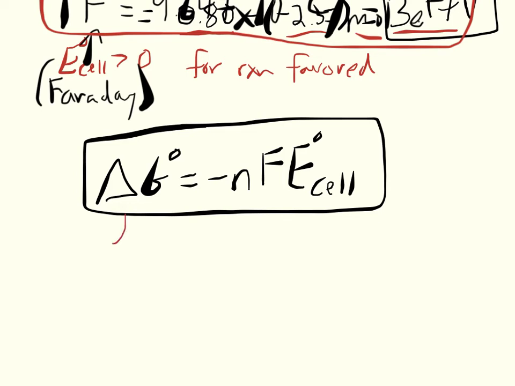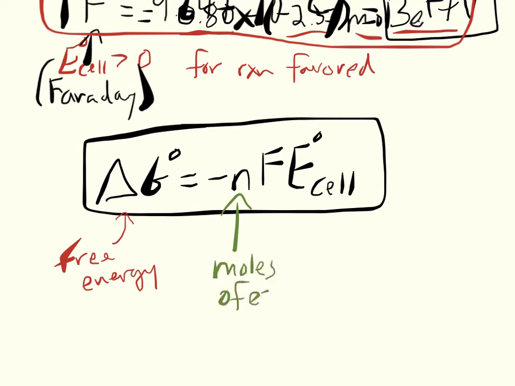The values, again: delta G, this is our free energy, the energy available to do work, which we can get from a table or calculate thermodynamically. n represents the moles of electrons, how many electrons are getting transferred per reaction. So if 2 electrons are getting transferred, like in the original equation from today, n would be equal to 2.